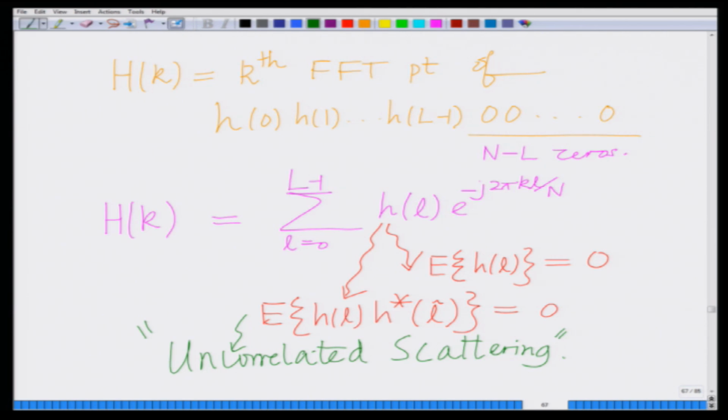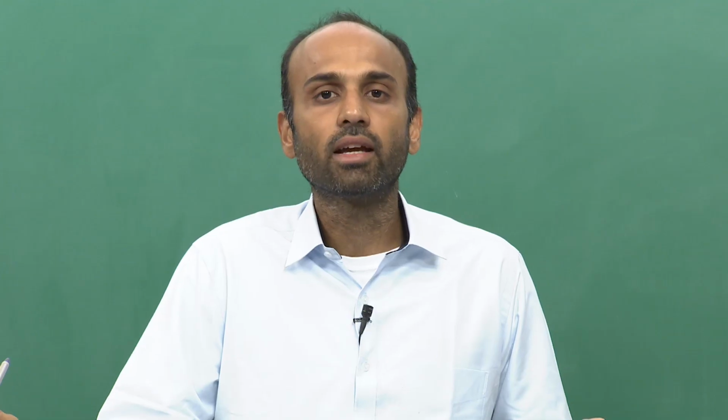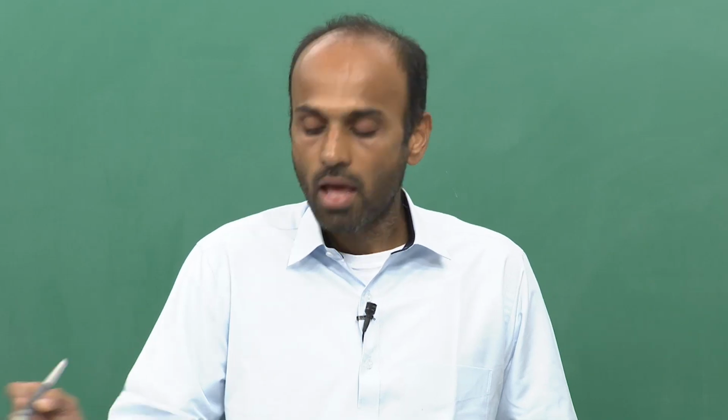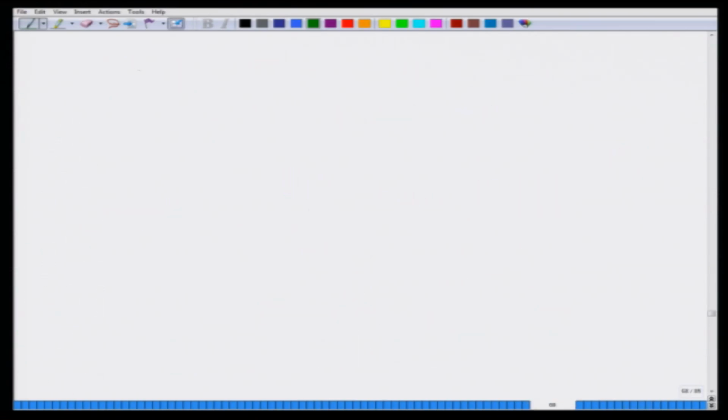This is known as an uncorrelated scattering environment. And also we are going to assume that the power of each h l, the standard Rayleigh fading coefficient, the expected value of magnitude h l square, is 1.